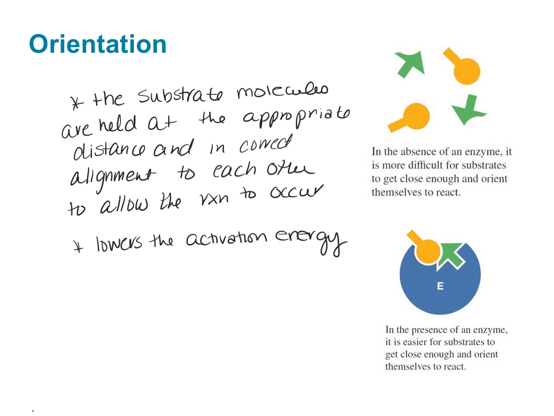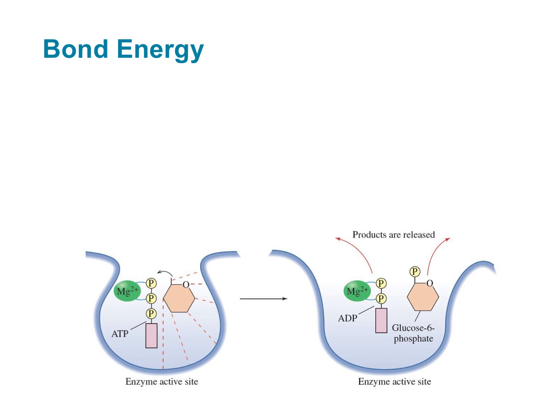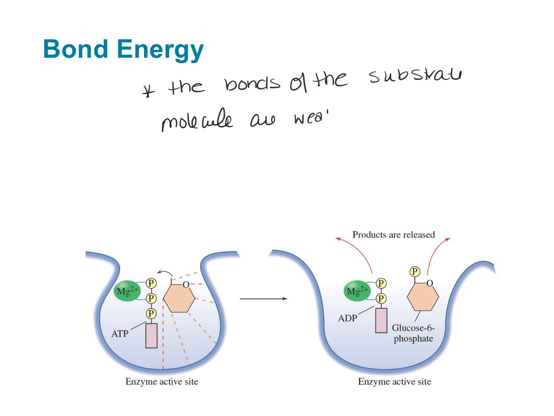So we've got proximity, we have orientation, and then the third thing is bond energy. When an enzyme interacts with its substrate to form the enzyme substrate complex, the bonds of the substrate molecule are weakened. Those weakened bonds mean that they will more readily react.